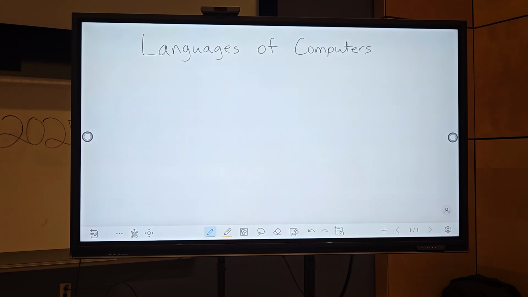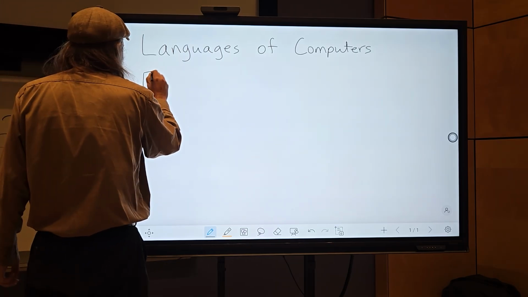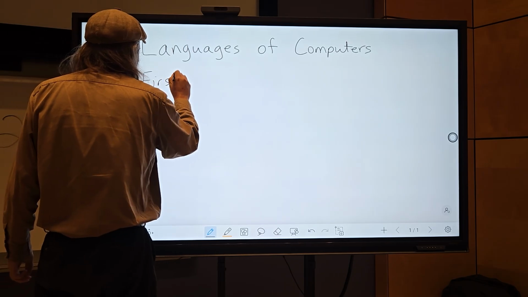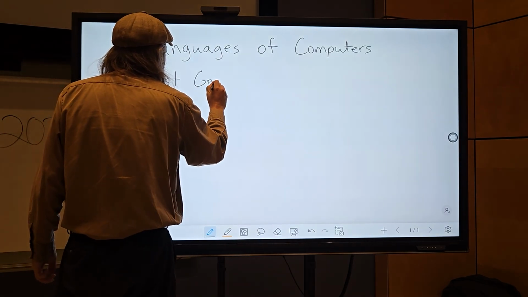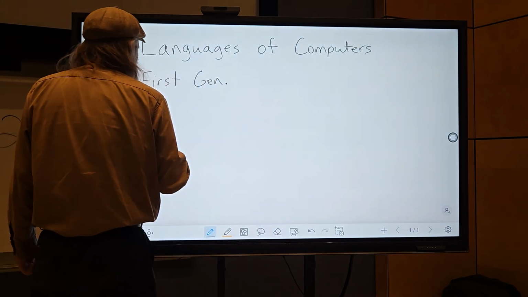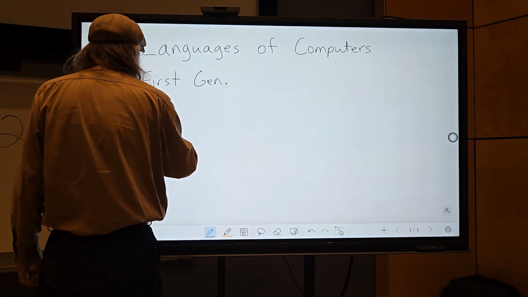I found different ways of approaching this. I guess I'll go through by the generations. You have the first generation language, which is machine code.